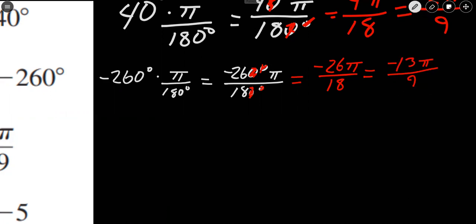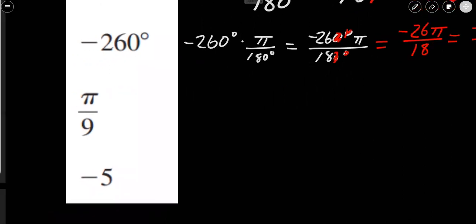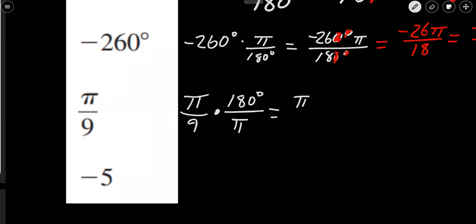All right, so that's degrees to radians. Radians to degrees is just the opposite, or the reciprocal fraction. Pi over 9, I'm going to multiply it by what I want to go to, which in this case is degrees, over what I'm coming from, which is radians. This actually works out very nicely. I end up with pi times 180 degrees over 9 pi.